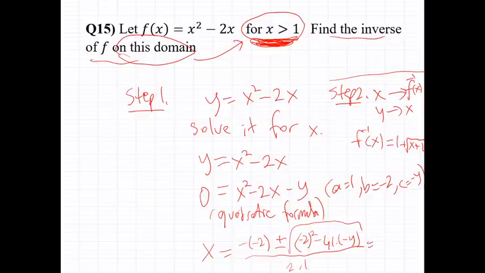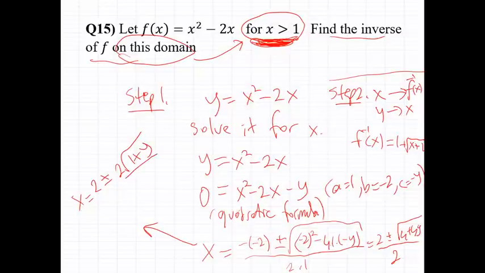So it will be 2 plus or minus square root of 4 plus 4y, divided by 2. And then you will end up with x equal to 2 plus or minus 2 times square root of 1 plus y, divided by 2. And after the cancellation of 2's here, you get 1 plus or minus square root y plus 1.